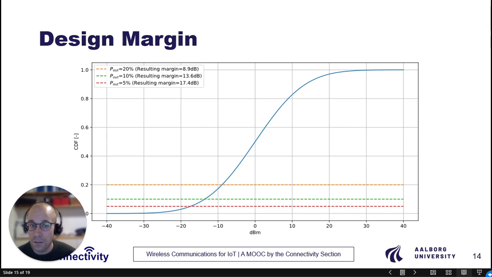17 dB of the link budget is a lot, and that might not be feasible due to the reduced range. As we saw before, if we were to account for a penetration loss of 30 dB, we would need much more base stations.